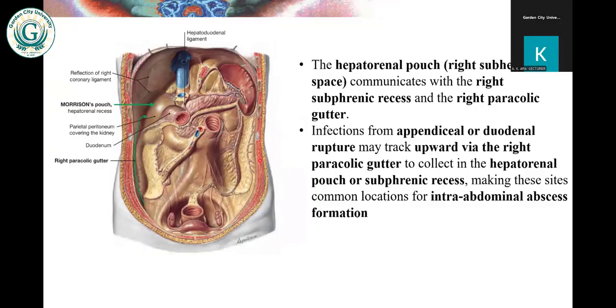There was a very important space that I mentioned, the space behind the right lobe of the liver, the right subhepatic space. That space, between the liver and the right kidney, is the hepatorenal pouch, also called the pouch of Morrison.